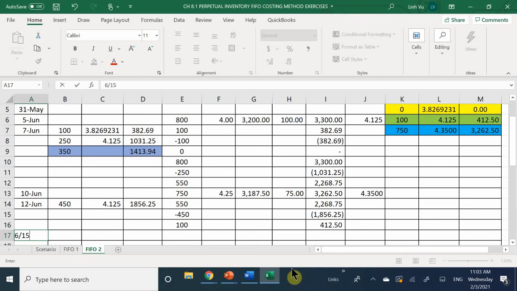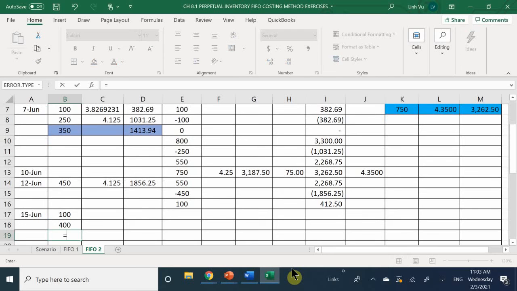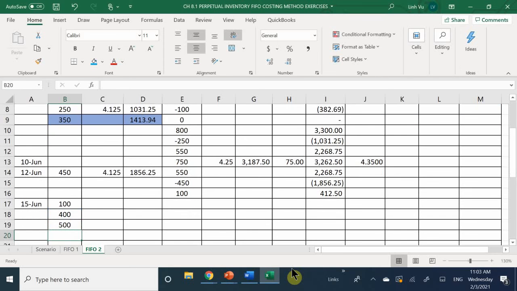So June 15, we have 100 here, and we need, what was it? It was 500, right? Yes. So that means this is going to be another calculation that we have to sum up.